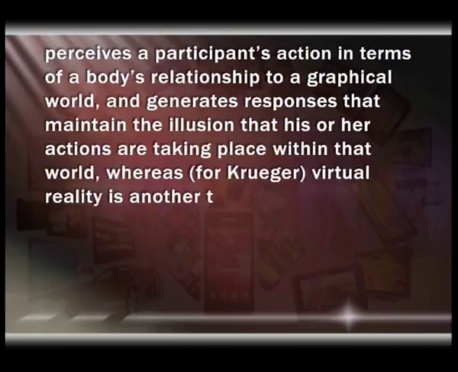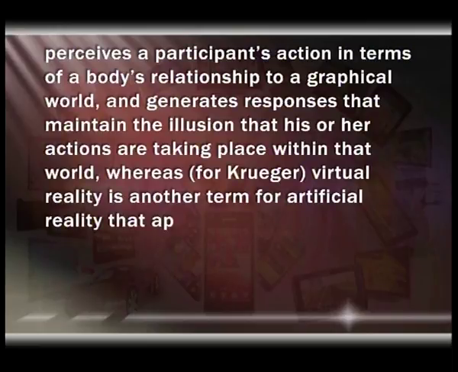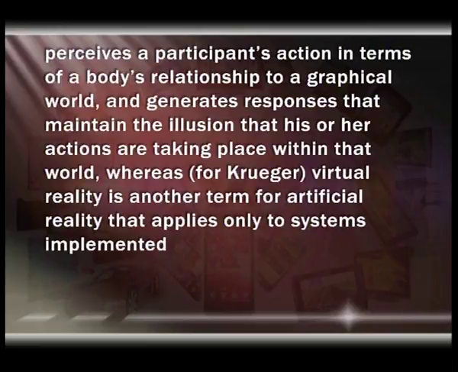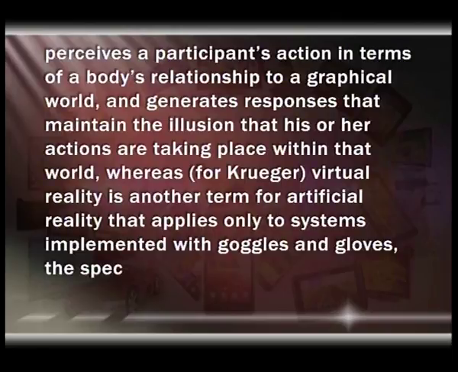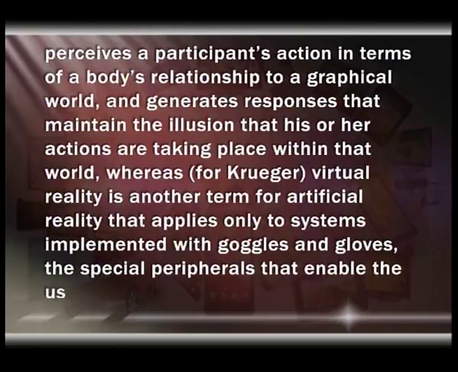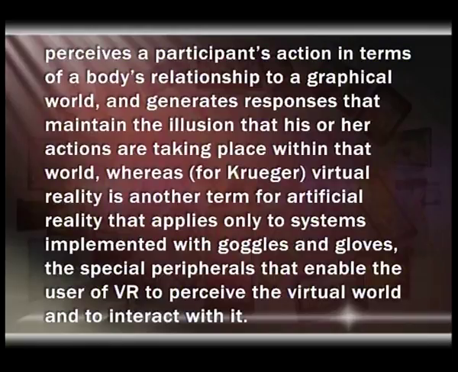Whereas, for Kruger, virtual reality is another term for artificial reality that applies only to systems implemented with goggles and gloves, the special peripherals that enable the user of VR to perceive the virtual world and to interact with it.